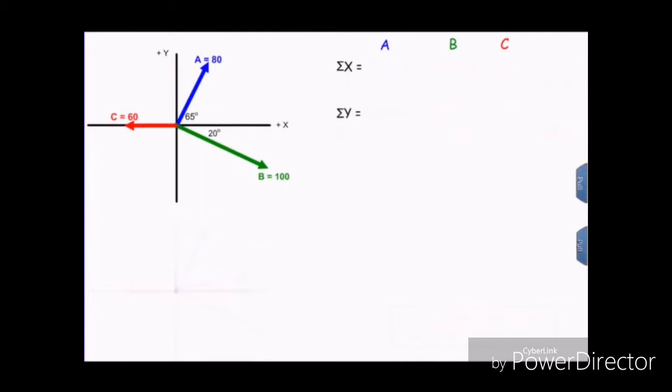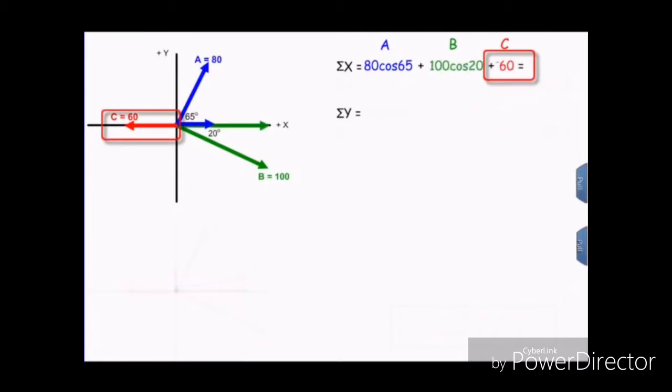So let's get the values now, and you see the x component of vector A is 80 cosine 65. You can see the vector flashing as well as the value. The x component of vector B is 100 cosine 20. And the x component of vector C is vector C, and that is a negative value, so that is subtracted.